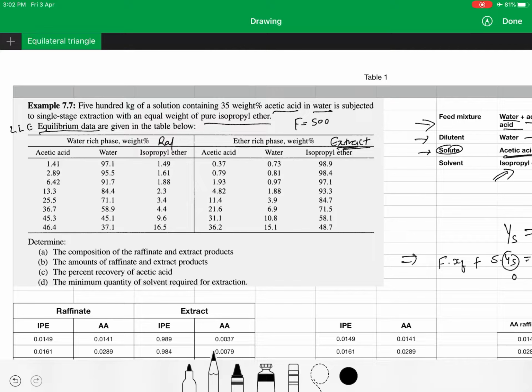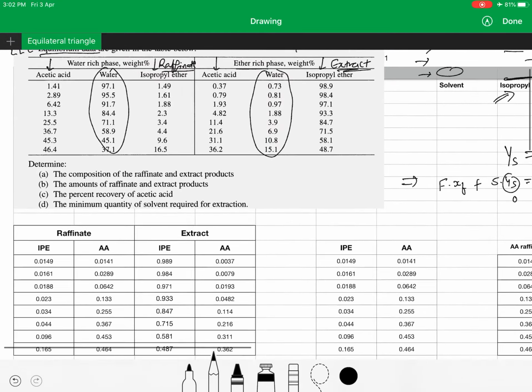So we have two different phase data, and as I just told you, in the right angle triangle method, or the equilibrium triangle method, the solute and solvent are important. We don't involve the data of the diluent in any example. Again, solute and solvent data are mandatory for the next calculation.